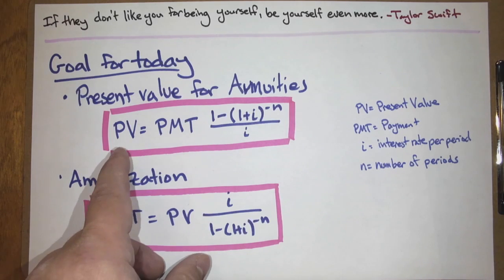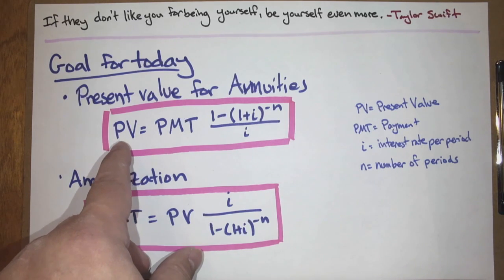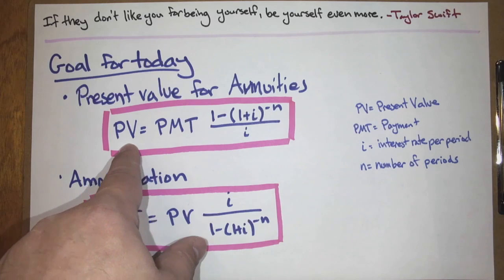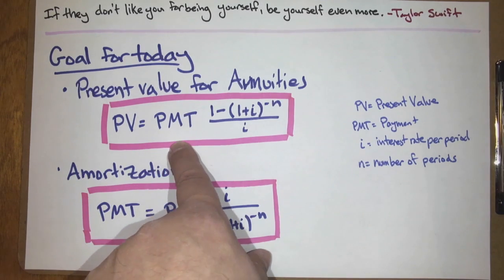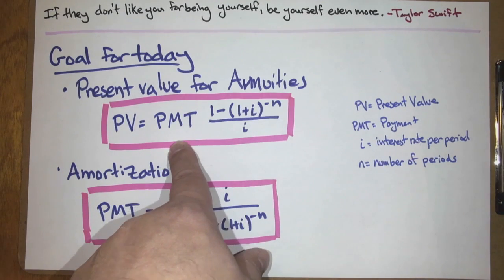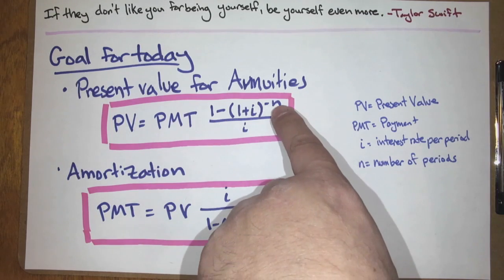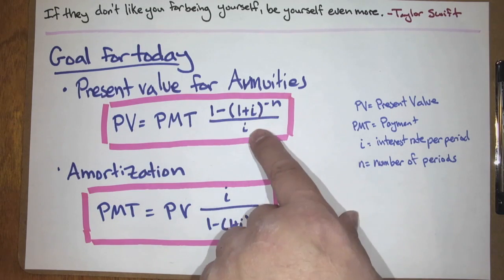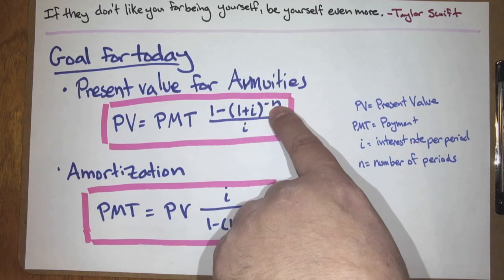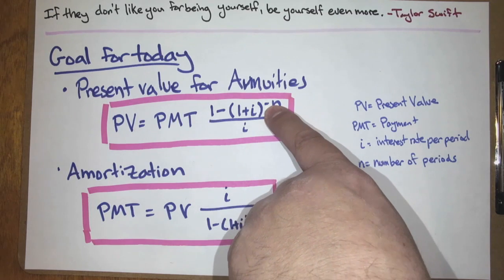So it leads to a formula. I can find the present value if I know the payment I make at each time. We make the underlying assumption that it's always the same payment: 1 minus (1 plus i) to the negative n, over i. You'll notice there's a negative exponent upstairs.